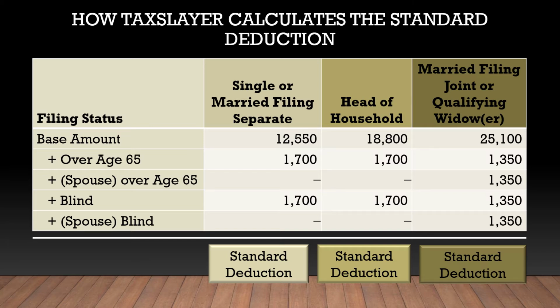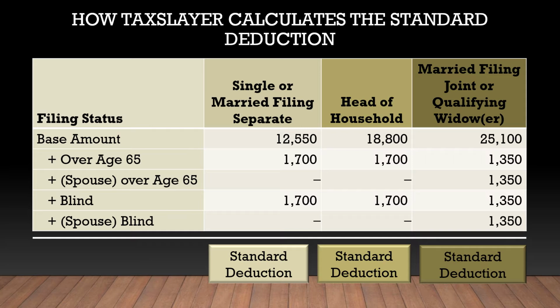For each of these filing statuses, there's a base amount. For single, you have $12,550 for 2021 returns. For head of household, they're going to get $18,800. And for married filing joint or qualifying widow or widower, we're going to get $25,100.